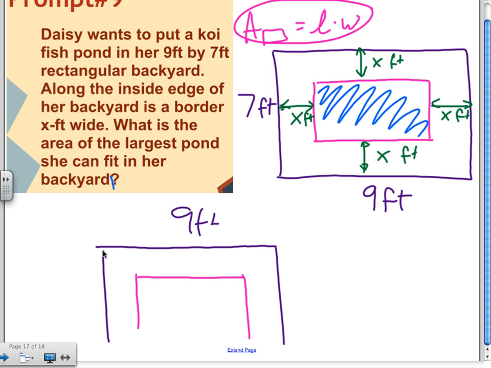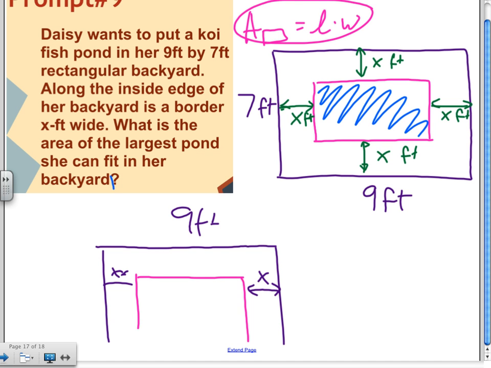Do you agree that from the edge of the pond to the edge of the backyard is exactly x feet? This is x feet, right? We know that this is 9 feet. How do we use this information to write the expression to represent the length of the pond?